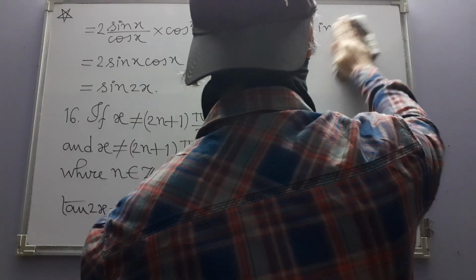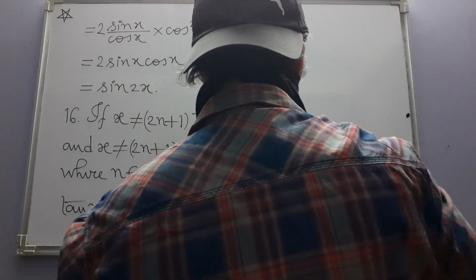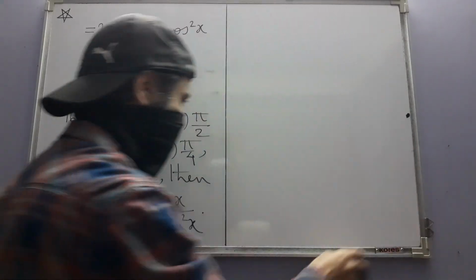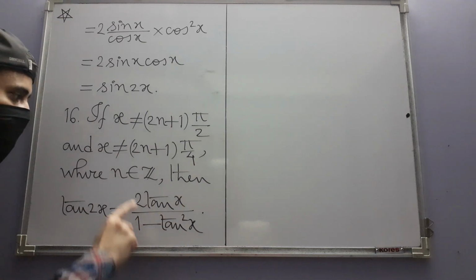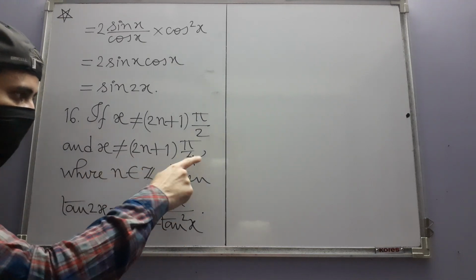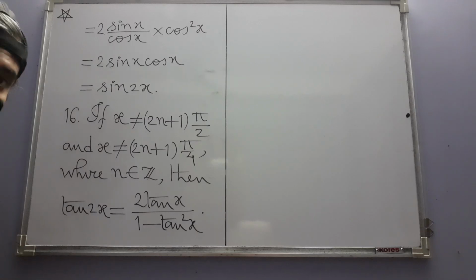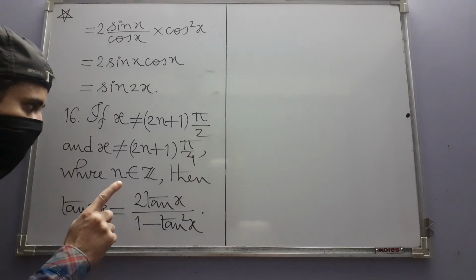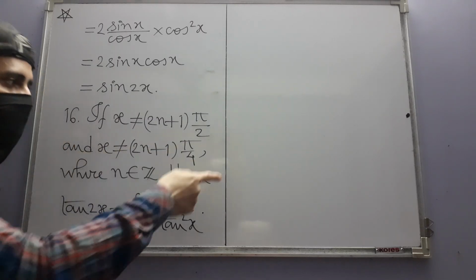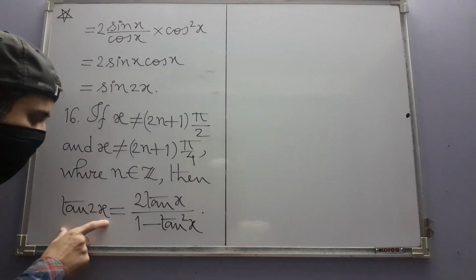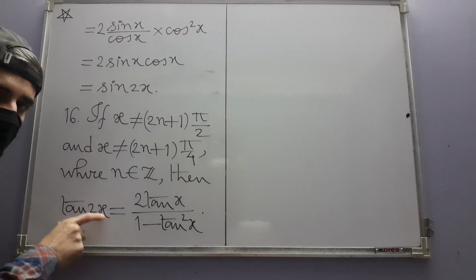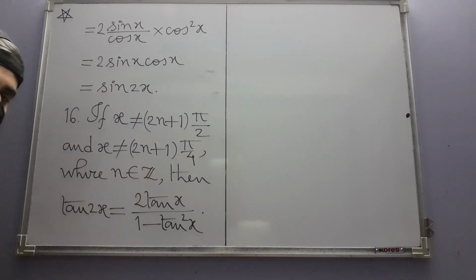You understand why x needs to be different from an odd multiple of pi over 2, because tan x is involved. But x also needs to not be an odd multiple of pi over 4. Why? Because otherwise 2x will be an odd multiple of pi over 2, and that will make this undefined. So for this part we need this condition as well.